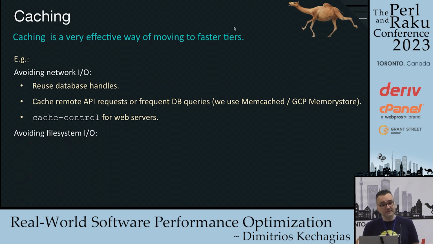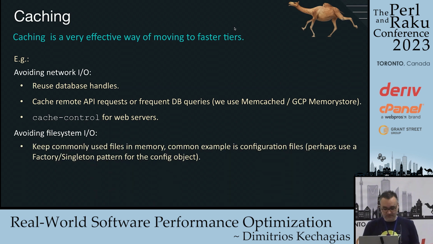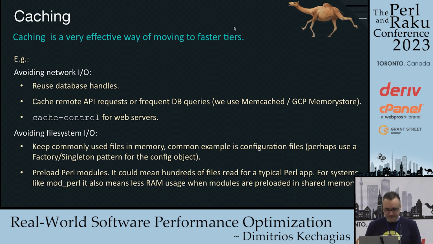You can avoid file system I/O, so going down a tier, and keep commonly used files in memory. A common example is if you have configuration files, don't just create a new configuration object every time to reread the files. Just have a factory system to give you the same object again.